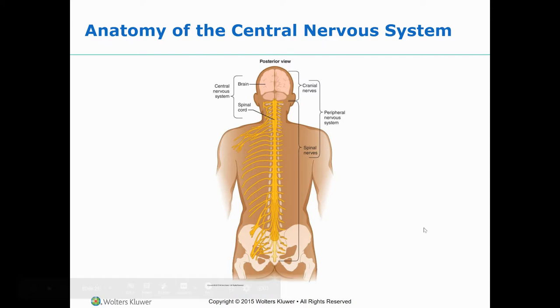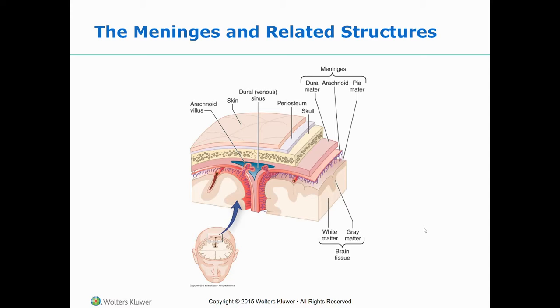Specifically bacterial meningitis. The meninges are a layer within your head. You have your white matter and gray matter, which are all brain tissue, and shortly outside of that is what we call your meninges. And meningitis is essentially an infection there, which is very dangerous.